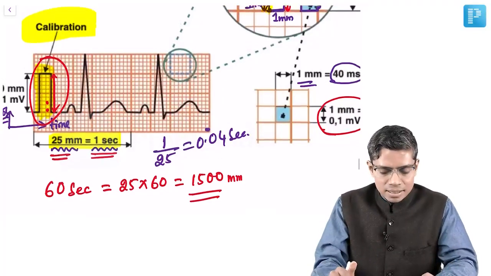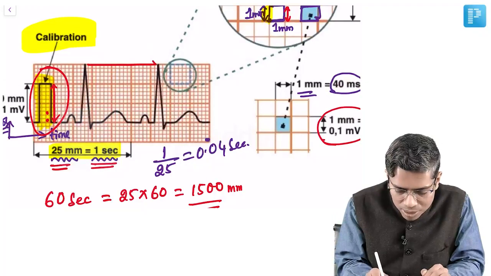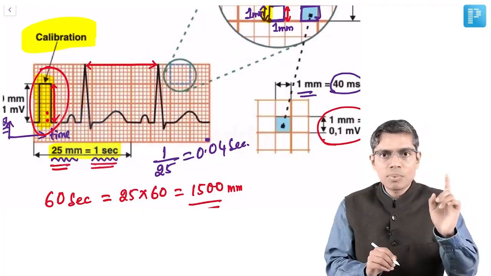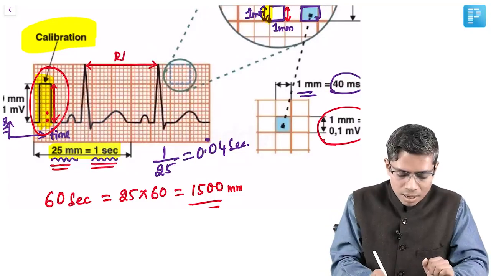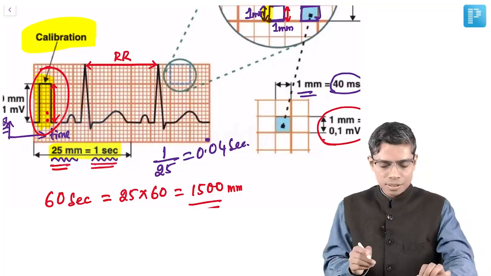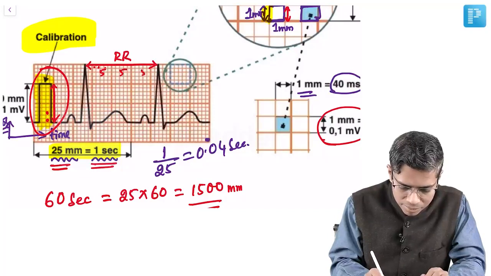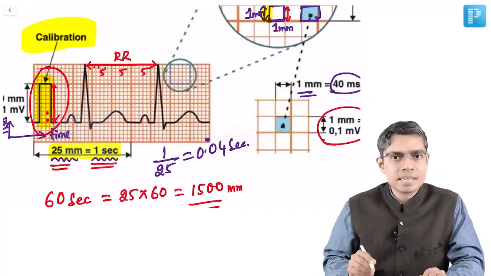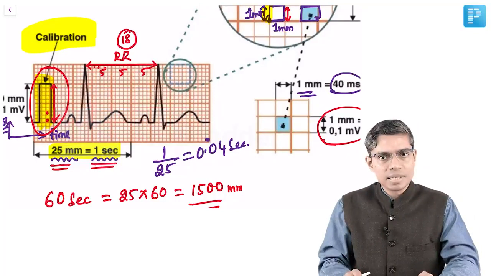But rather than that, if I measure the interval from the peak of one R wave to the peak of another R wave, that is known as the RR interval. If I count how many smallest boxes are in between, 5, 10, 15, 17, 18, then 18 millimeters is the RR interval here.